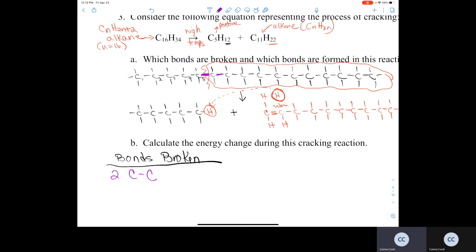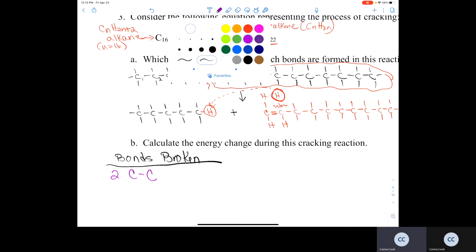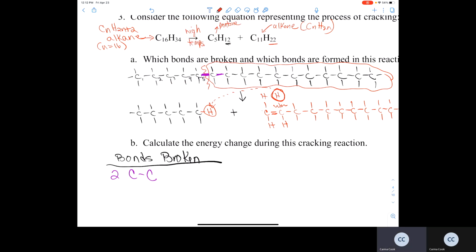And you have this C-H bond broken here, and that hydrogen transferred over to the 5-carbon piece. Now let's talk about the bonds formed.